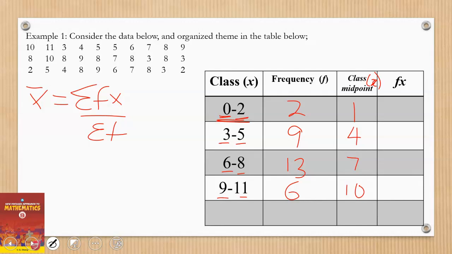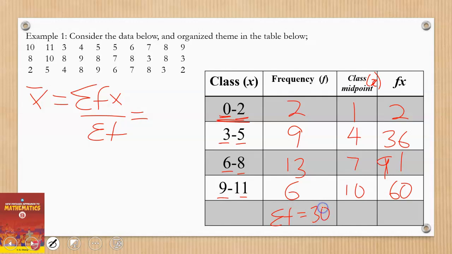Then I'll find my fx. Of course, that is what the formula requires. We need to find fx. And so I'll multiply here to get 36. 7 times 13 will be 91, right? And then 60. So now my sum of frequency will be equal to 6 plus 13 is 19, plus that is 28, then 30.